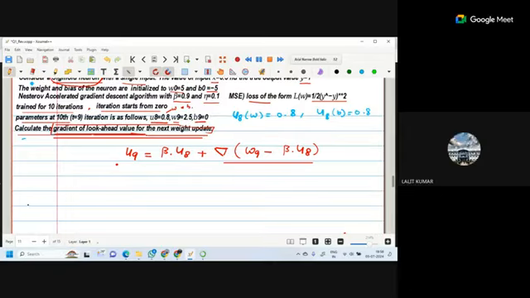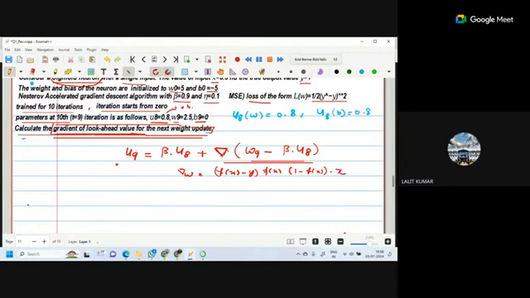Now we know that the gradient of this value which we are finding is a sigmoid. So for sigmoid, the formula of the gradient with respect to W is (fx minus y) into fx into (1 minus fx) into x.